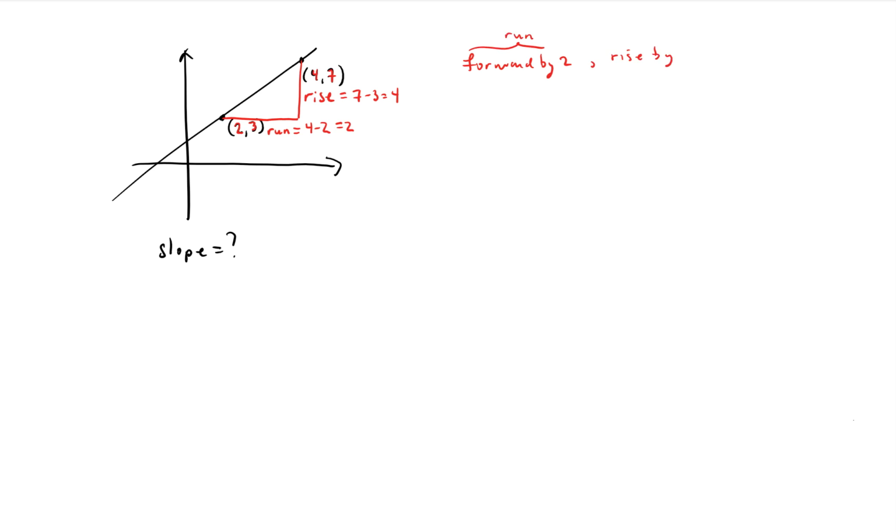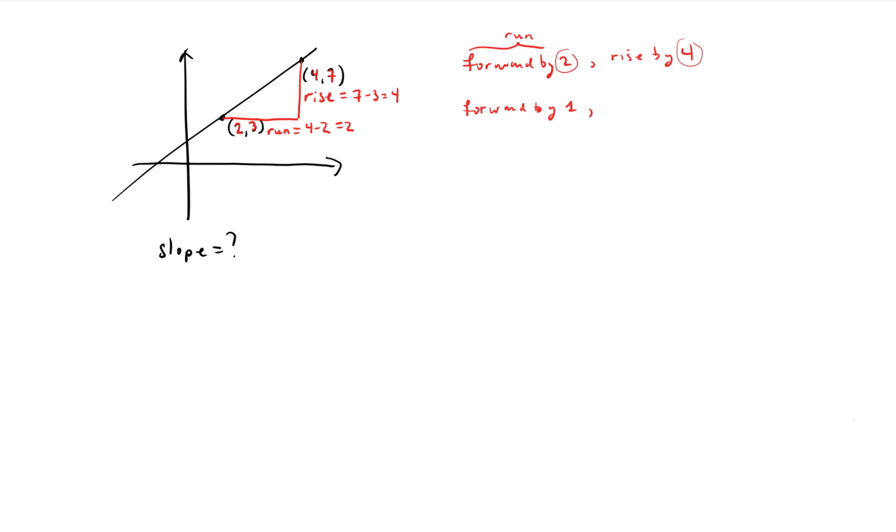Rise by 4. Now my slope is when I go forward by 1. Forward by 1. So if I go forward by 1, I just need to change that 4 here by dividing it by the 2 I have here.